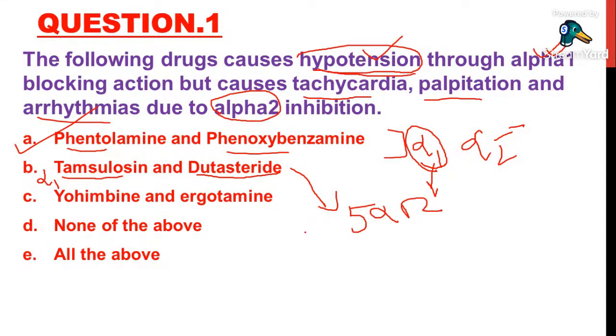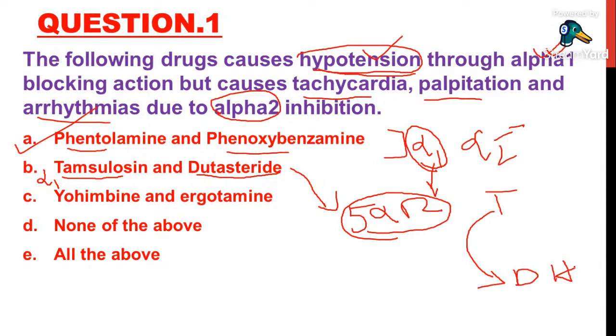This 5 alpha reductase enzyme converts testosterone into dihydrotestosterone. This dihydrotestosterone further goes and acts on the prostate gland, and it increases the prostate gland activity. I mean, prostate size will increase.